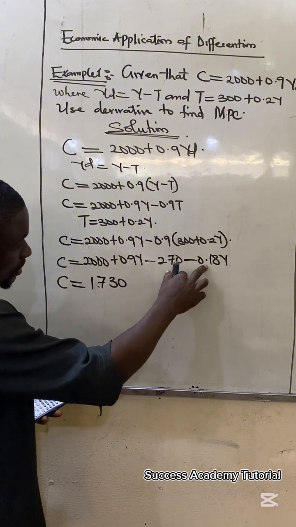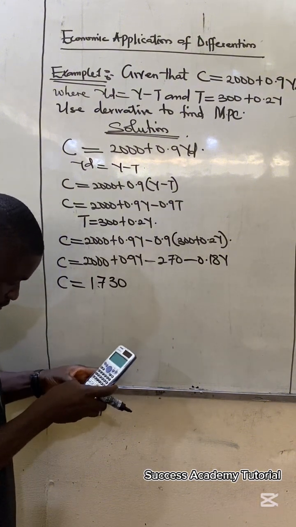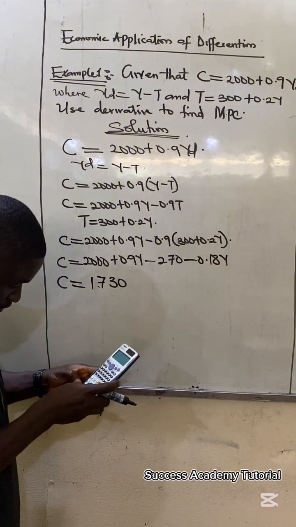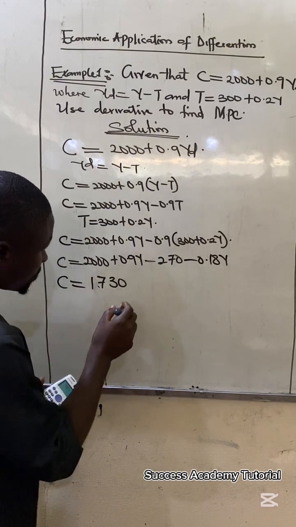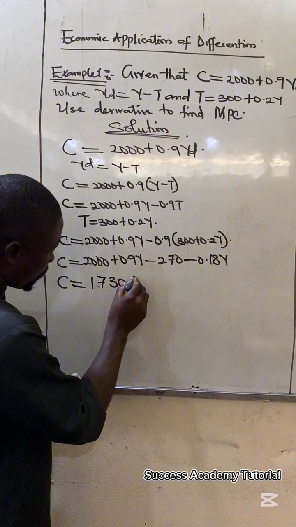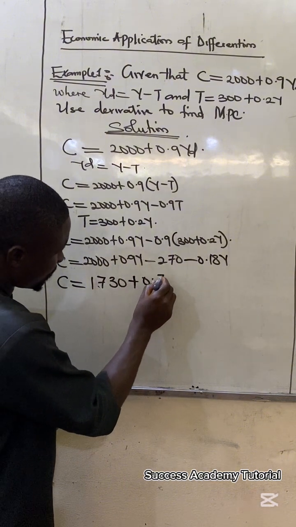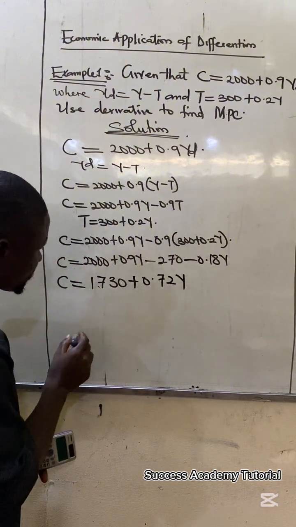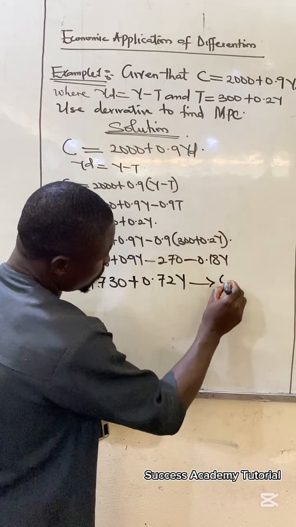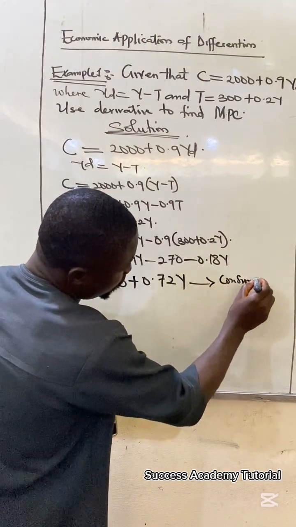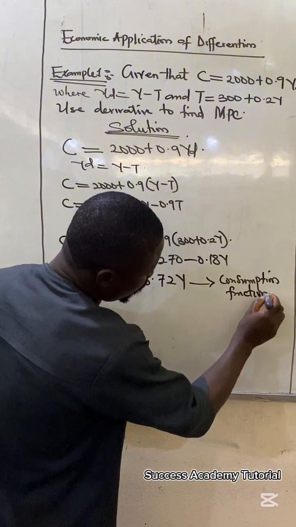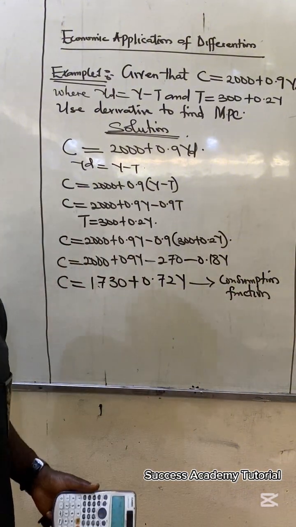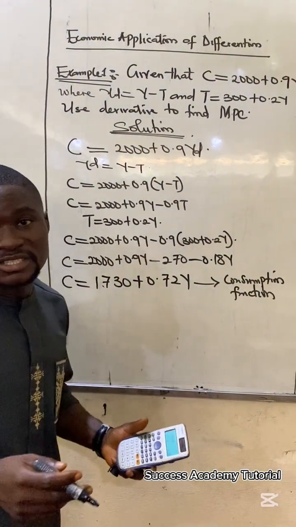Then 0.9 minus 0.18 is going to give us 0.72, so we have plus 0.72y. So this is our consumption function.